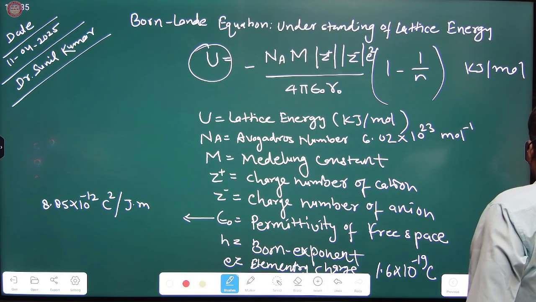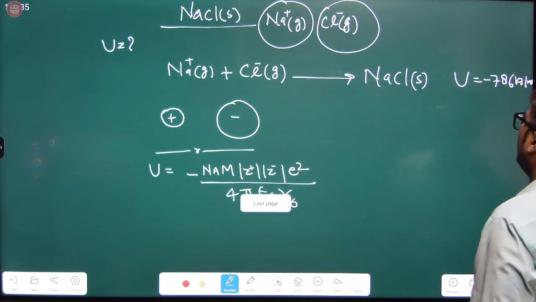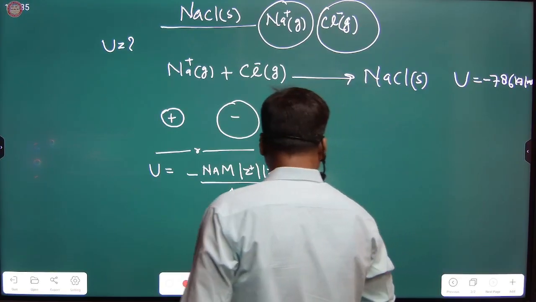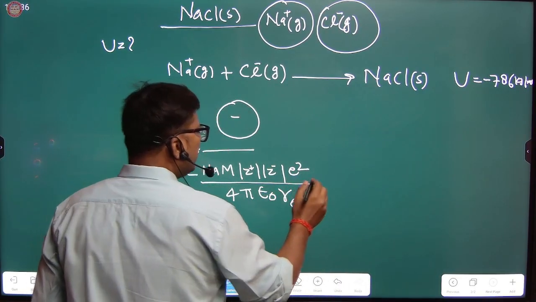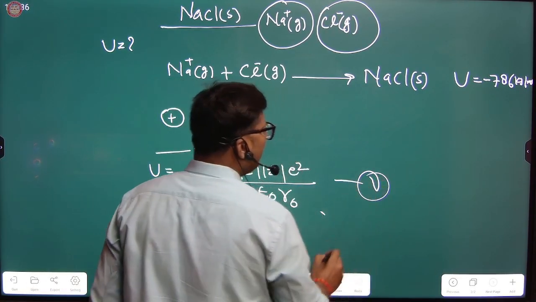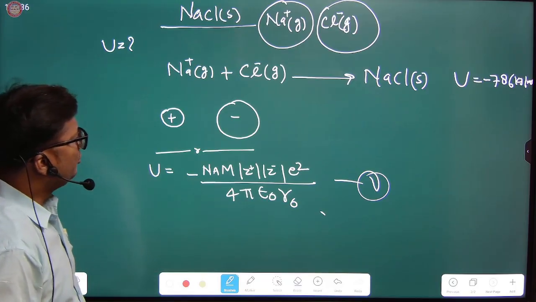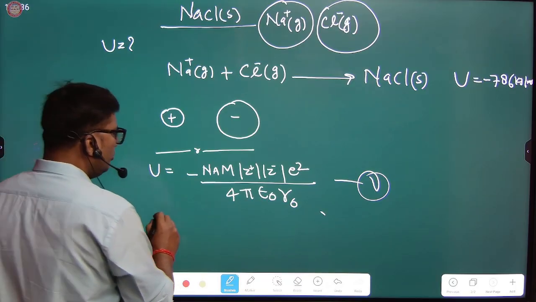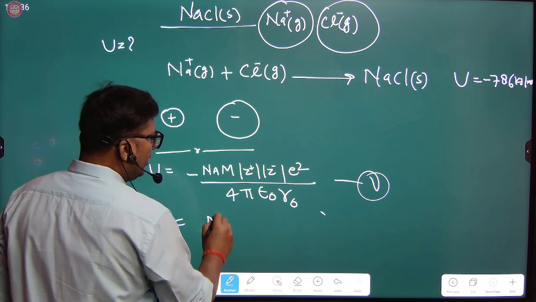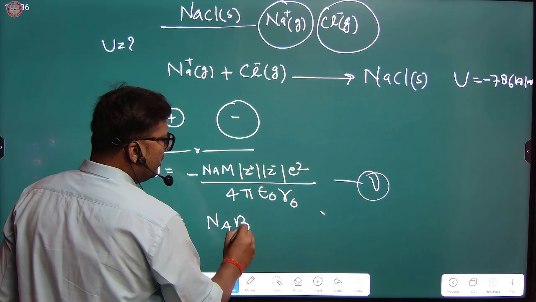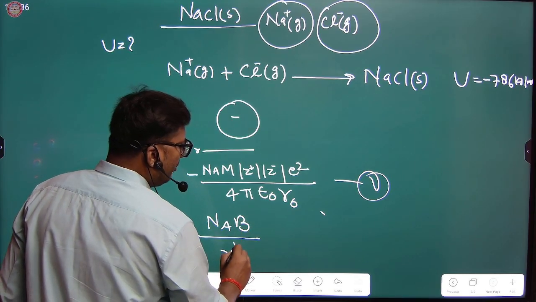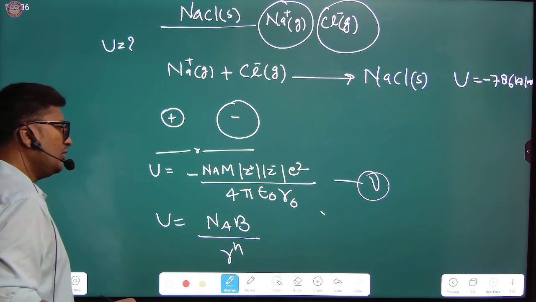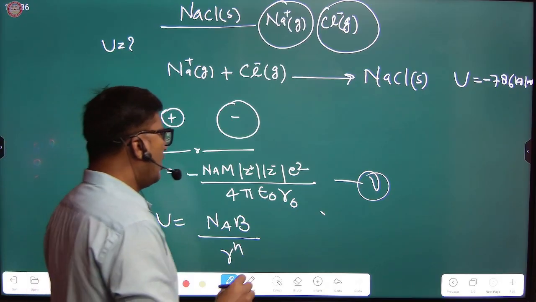So this is the first term, which is coming due to the electrostatic interactions. And the second term is U equal to N_A B upon R to the power n.